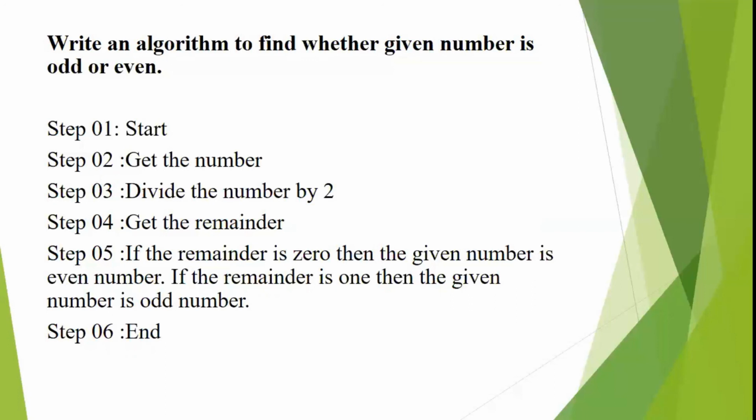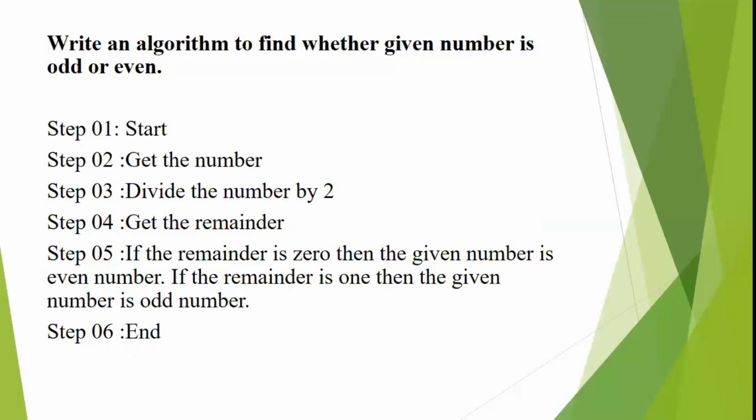So for the multiple of 5, let's take another number and see. We get 16. So step 1 is start. Step 2, you get a number. We'll take number as 16. And step 3, you divide that number by 5. 16 divided by 5. Answer is 3, but remainder is 1. Okay. So step 4, get the remainder.